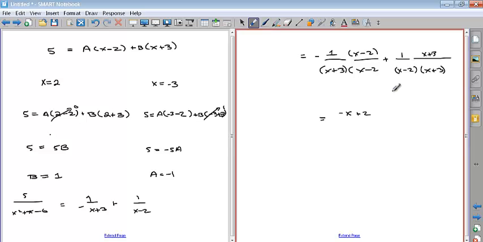And here we're just going to have 1 times that, so you get plus x and 3. And we're going to divide that by x plus 3 times x minus 2. And if we use FOIL, we'll get x squared plus x minus 6. And then these cancel out, and these combine, and you get 5 divided by x squared plus x minus 6. So that's proving that we did it correct.